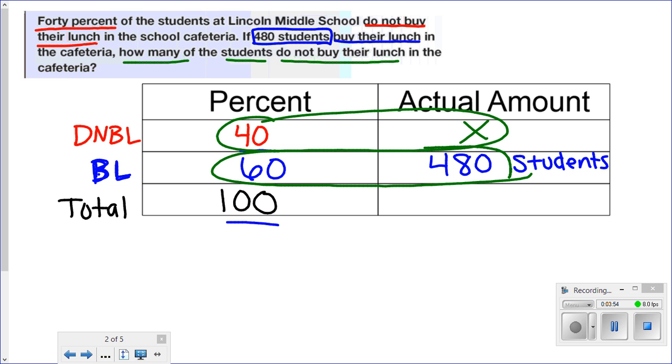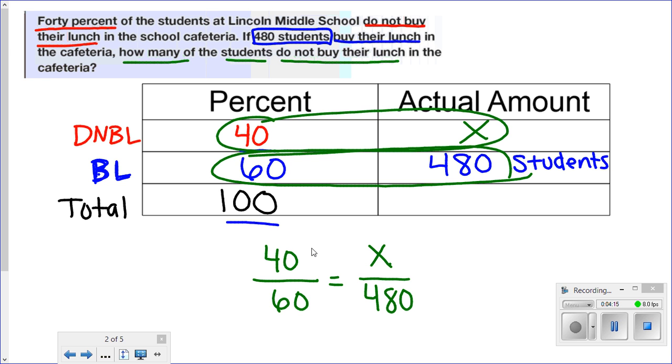We don't really need students, we'll use that at the end, to set up a proportion. We can say that 40% over 60%, because that's the ratio of percentage that do not buy lunch to buy lunch. And then we're going to put our actual X over 480.